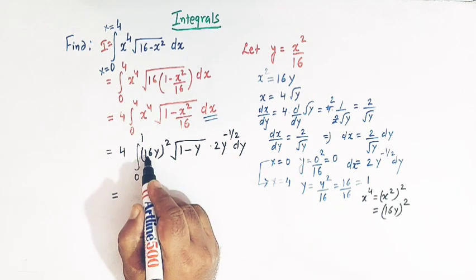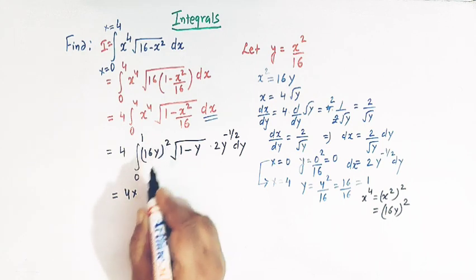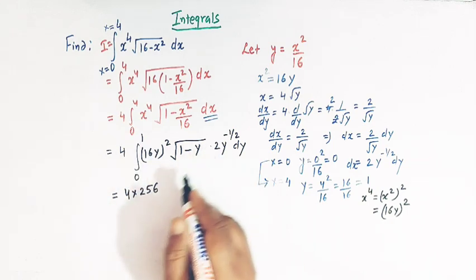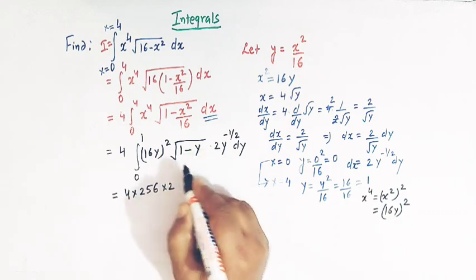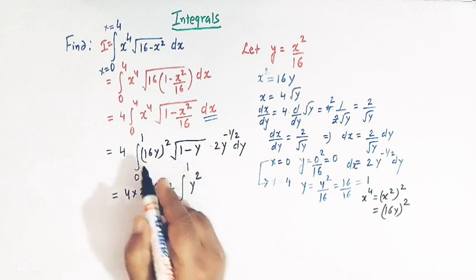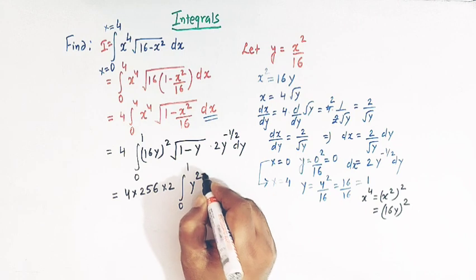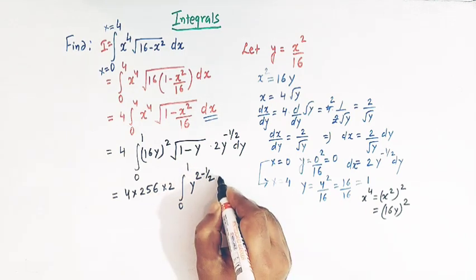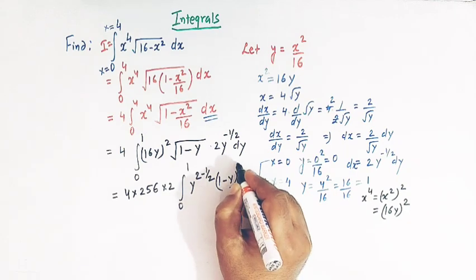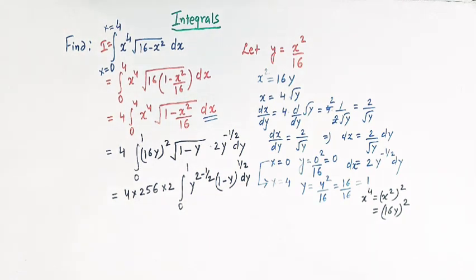Now see, here we have 16 square, and 16 square is 256. So we can write 256 outside the integral sign, and we can also take this 2 outside the integral. Now we have 0 to 1 of y square, and y raised to minus half, and then the square root of 1 minus y can be written as 1 minus y raised to half, dy.